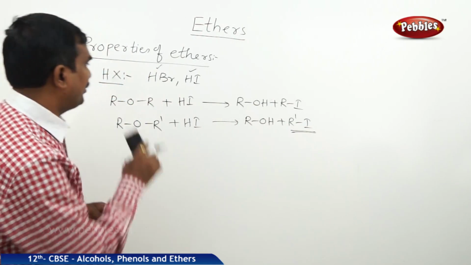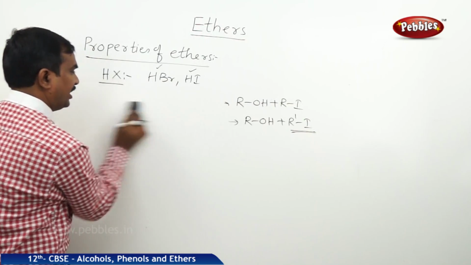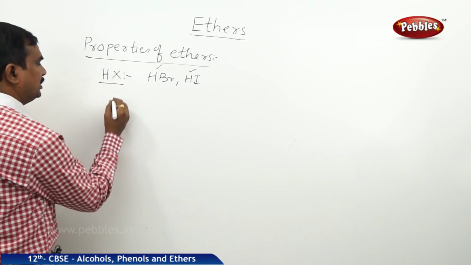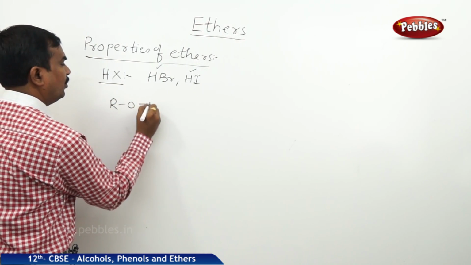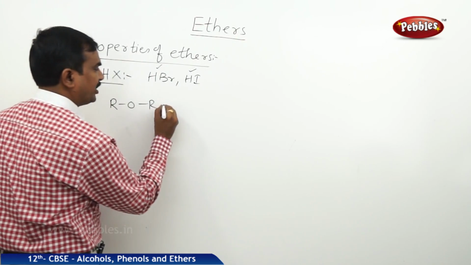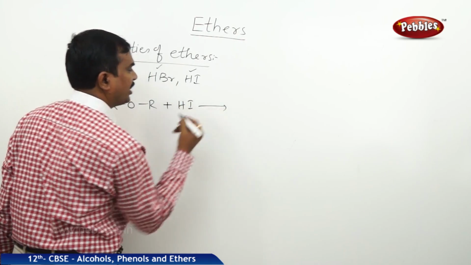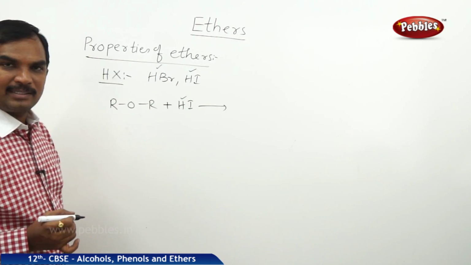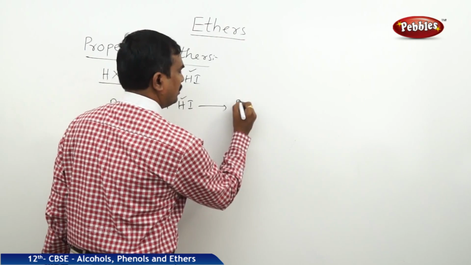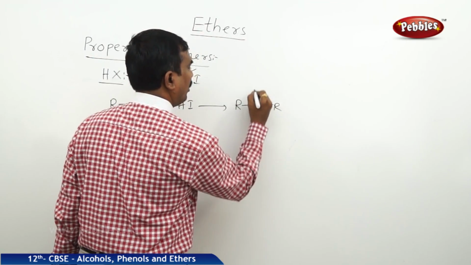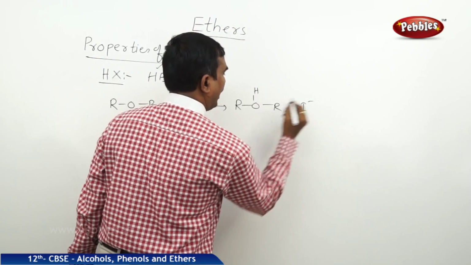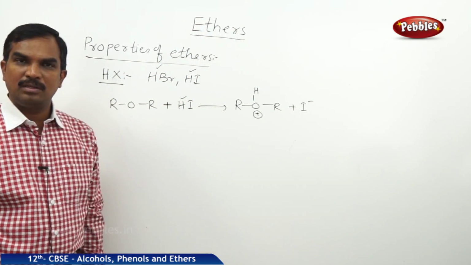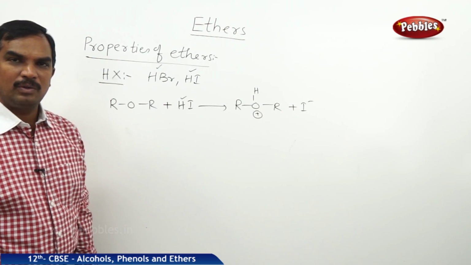If you come to the mechanism of the reaction, this is ROR. If you take HI, hydrogen iodide, first the proton will attack the oxygen atom, so that we will get ROR-H plus along with I minus, because oxygen has three bonds.